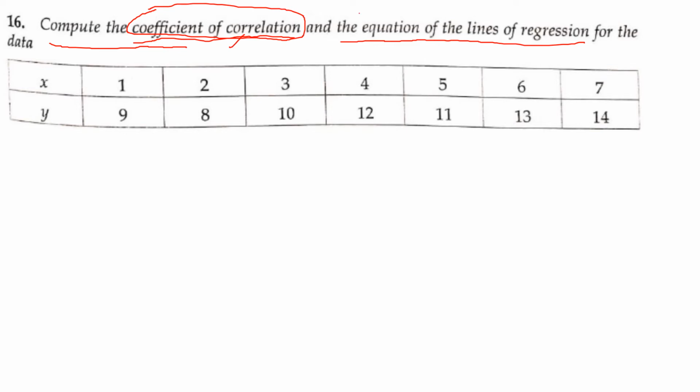Then we need to obtain the equations of the lines of regression. You can see here the plural word lines. That means we need to find both lines, the line of regression of x on y as well as the line of regression of y on x, because of this plural word lines.